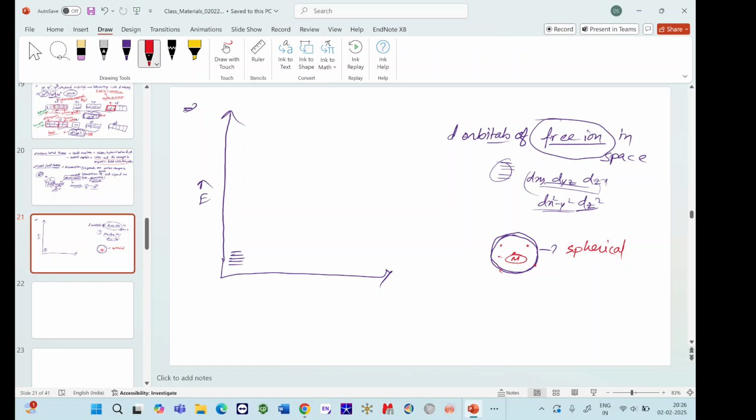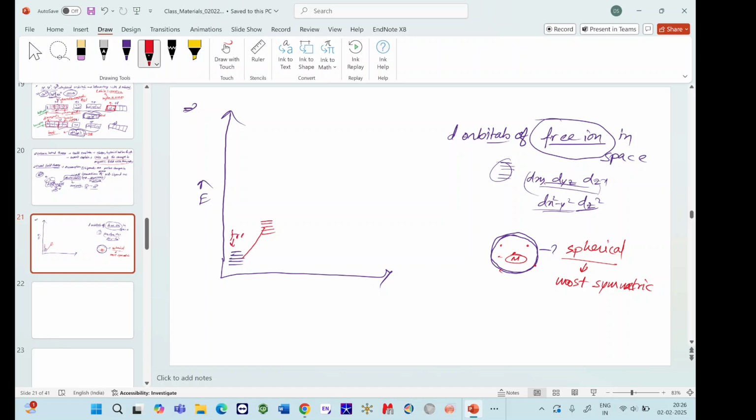Anywhere on the sphere surface, your ligand will have exactly the same interaction with the metal, right? Because spheres are most symmetric. So in the spherical ligand field, you will see that all of your d orbitals will have the same energy.